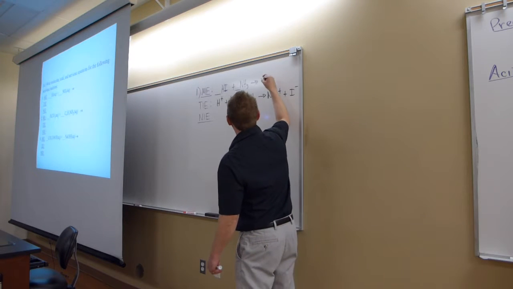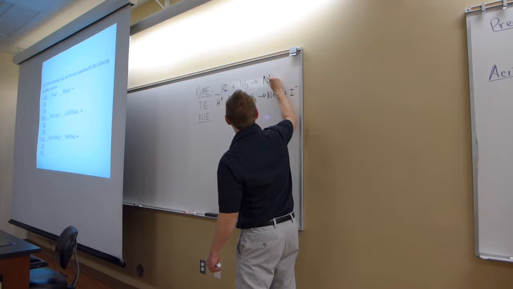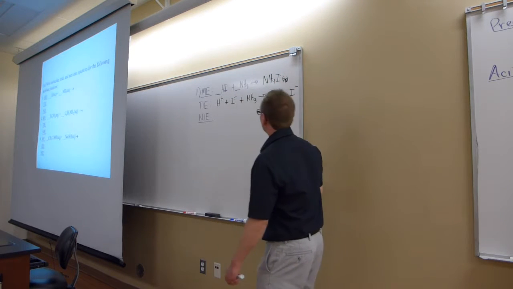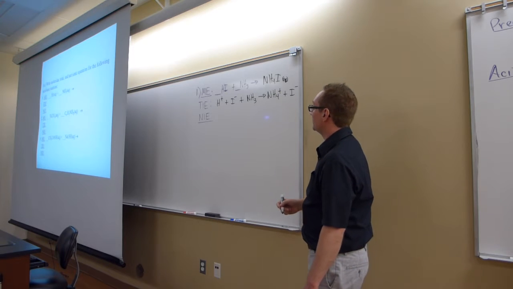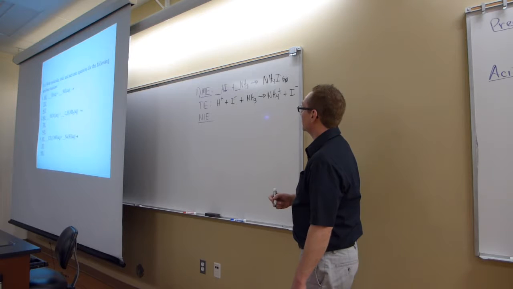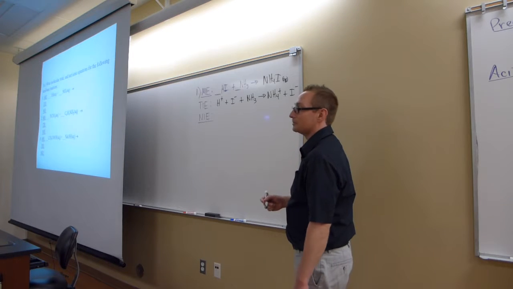So you can actually write it like this: NH4I, with the aqueous to tell the reader it breaks apart. It looks kind of weird, but that's how you write the molecular equation.